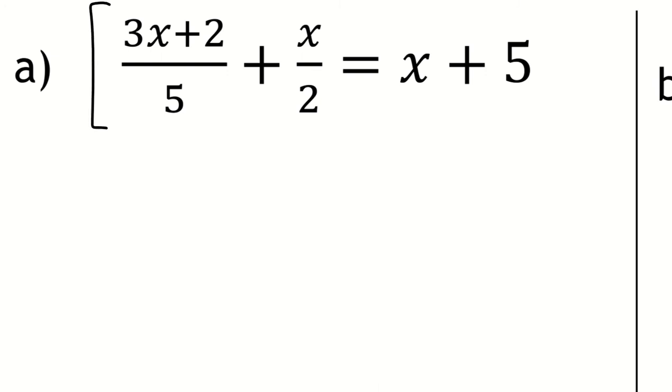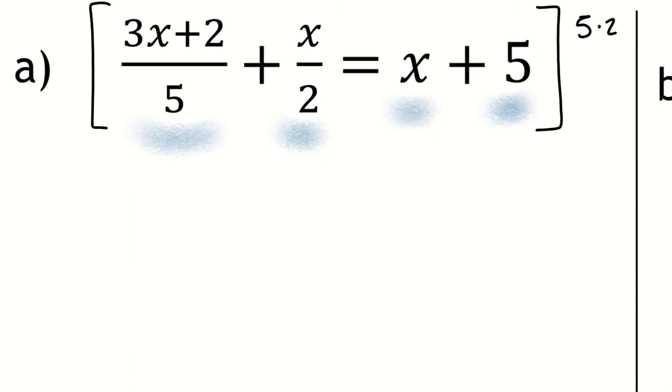So I'm going to show that I'm doing this across the entire equation, multiplying every single term by factors of 5 and 2. There are exactly 4 terms that I need to do this to: a first term and a second term on the left side, and a first term and a second term on the right side. All of those need to get multiplied by 5 times 2.